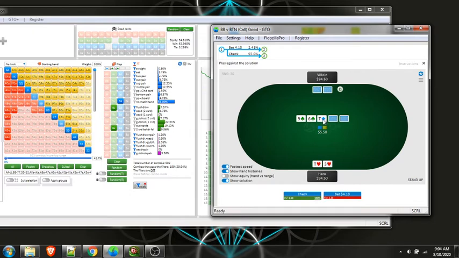So, top pair with the 3, it's going to be around 65%. The clubs definitely lower the equity, so we'll check. If we had a club, it would be a much higher percentage, or 5% higher.